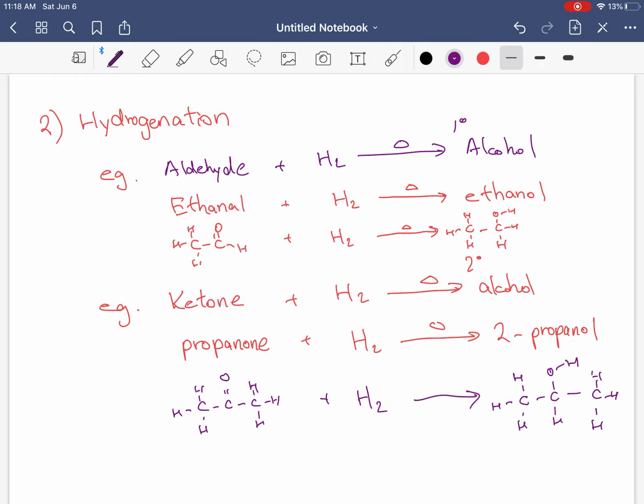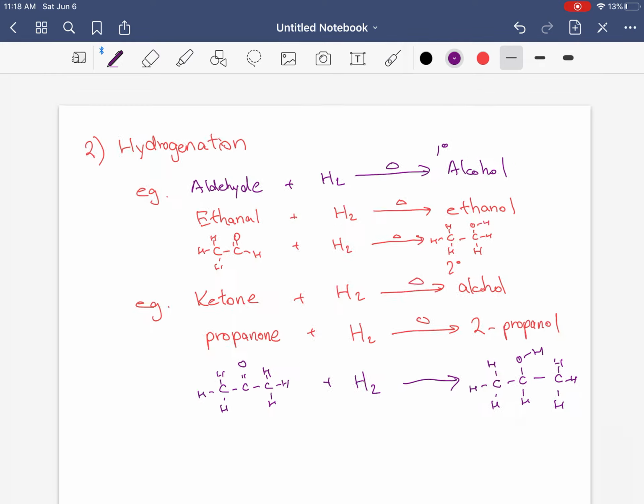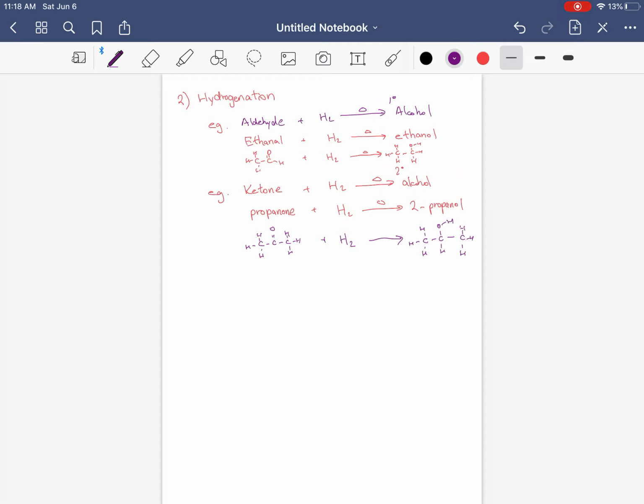So that's pretty much the reaction of carbonyl. The summary here is very simple. Just write a little summary. A primary alcohol oxidizes to give you an aldehyde, and vice versa.